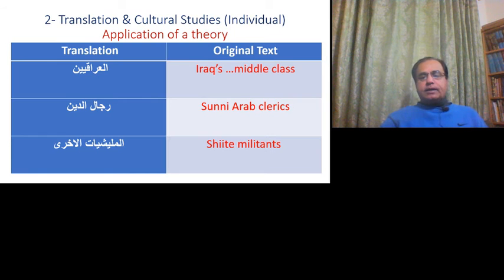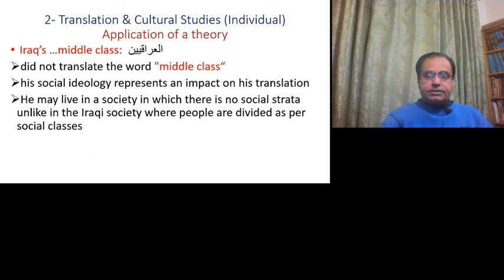The Iraqis' middle class was translated as Al-Iraqiyin, and the word middle class was not translated. Sunni Arab clerics was translated as Rijaluddin. Shiite militants was translated as Al-Malishiyat Al-Ukhra. So we can discuss them.